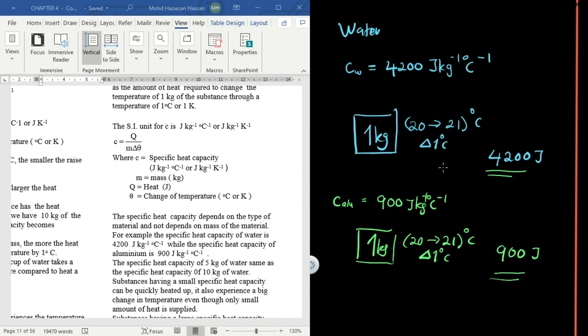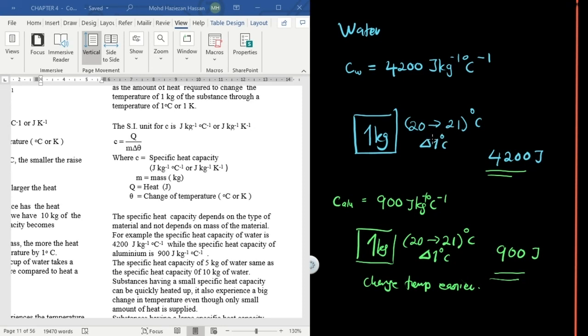So which one is easier to change the temperature? We can conclude that aluminium changes temperature easier. It just needs 900 joule to change 1 degree Celsius, but for water, it requires 4200 joule.